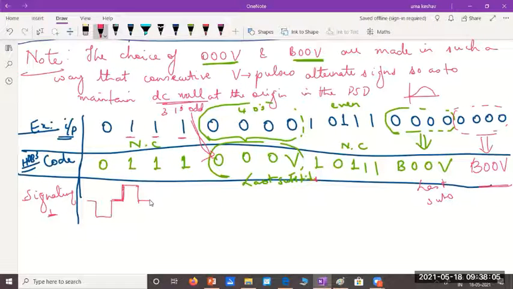The next, oh sorry, 0 should be represented as a 0 level, and if the earlier one was represented with a negative pulse, the preceding pulse, if that preceding pulse was negative, this one will be positive.